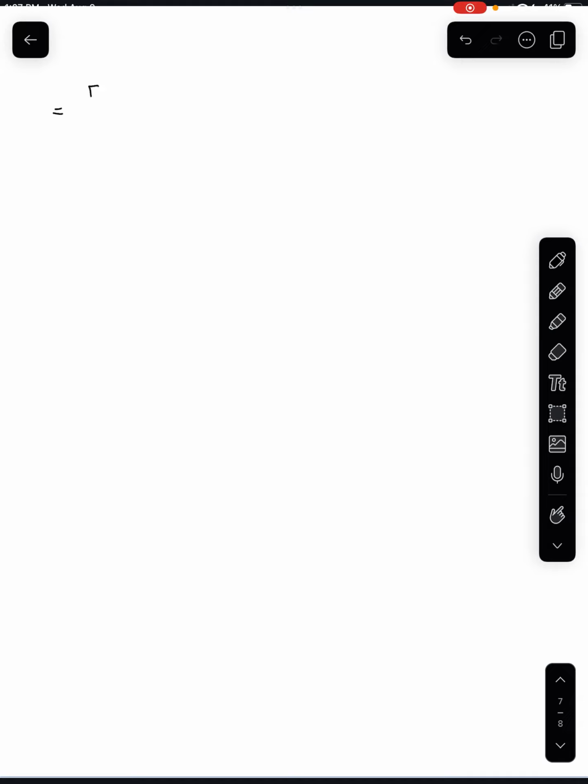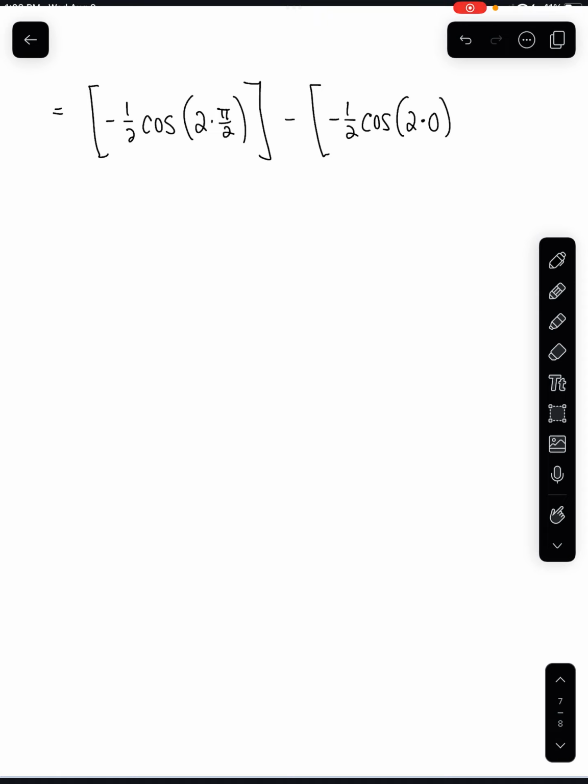We have negative 1/2 times cosine of 2 times pi over 2 minus negative 1/2 times cosine of 2 times 0.